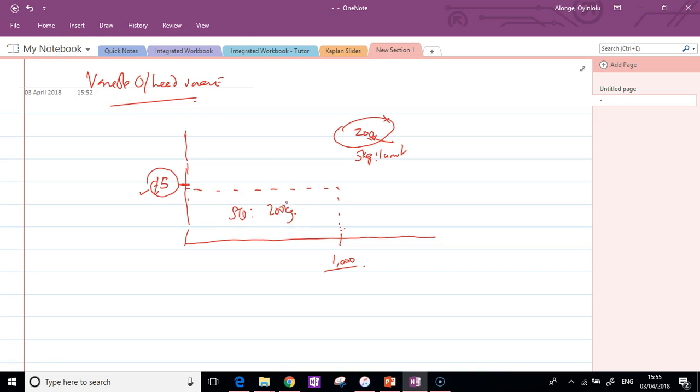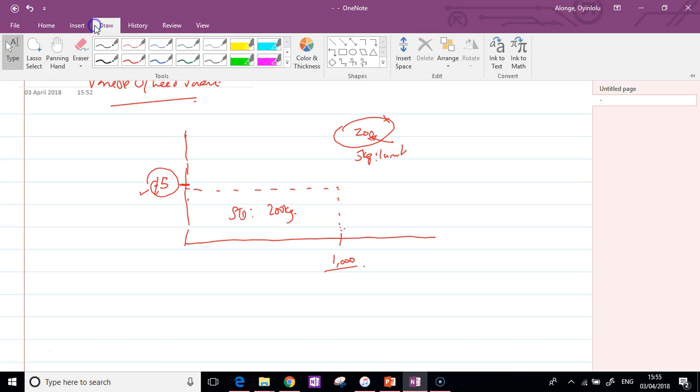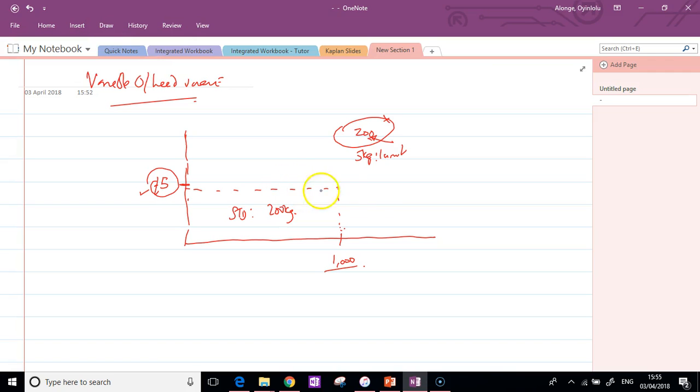Let me use a different pen here. Now, what actually happens is different. We're still focused on 200 units. What actually happens in the process of making 200 units?